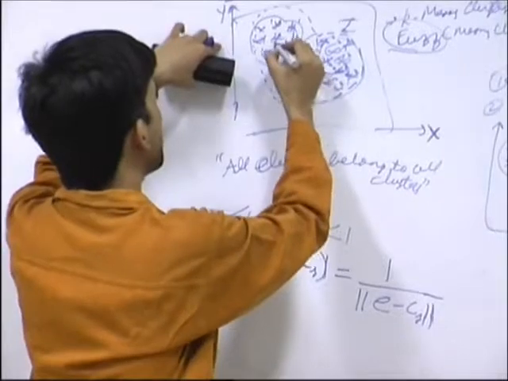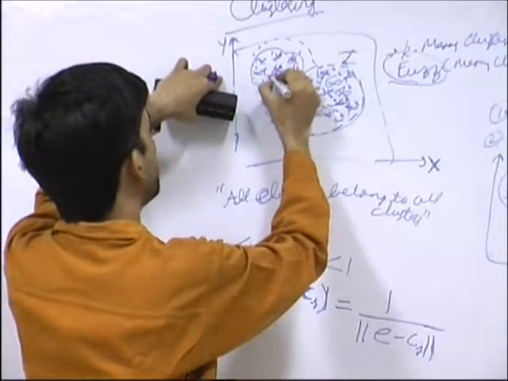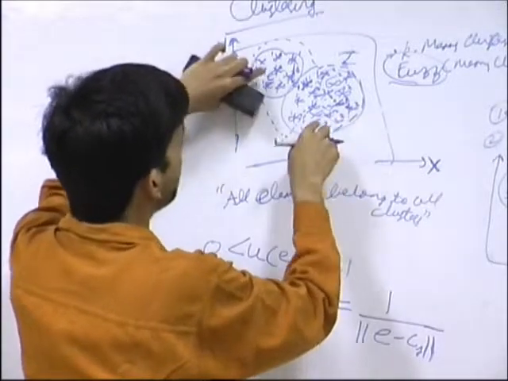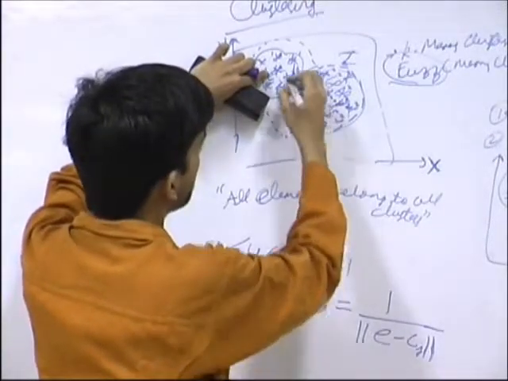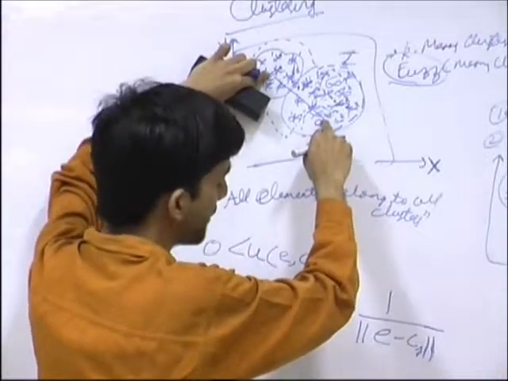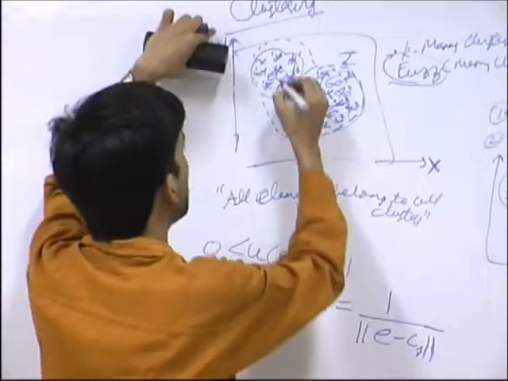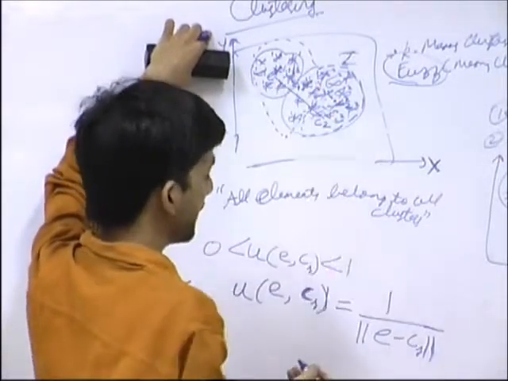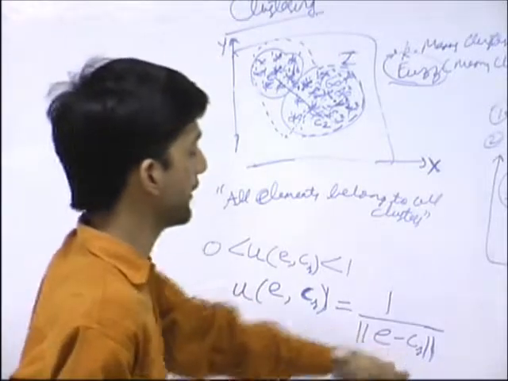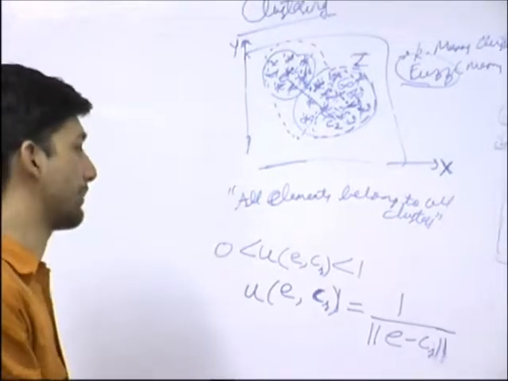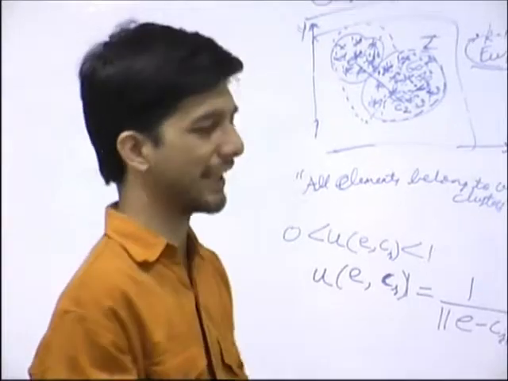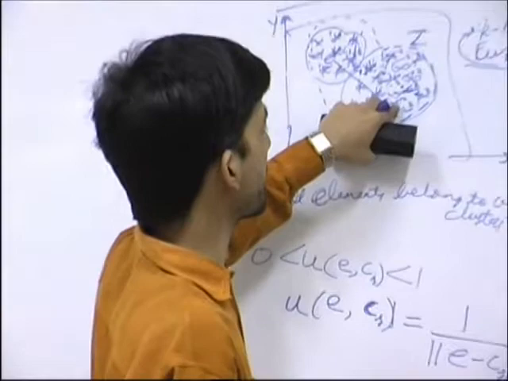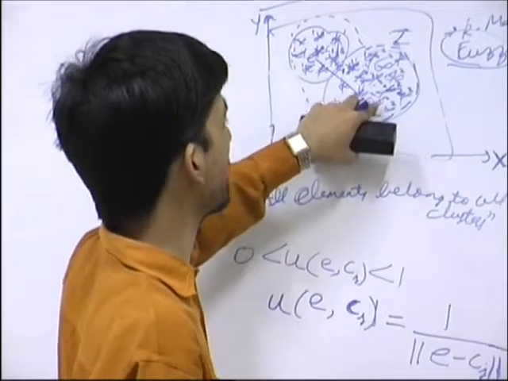So in the same example, if this was an element E and this was a cluster center C2, if this distance is very large, the degree of membership is very low. At the same time, if this was a cluster center C1, if this distance is very small, the degree of membership will be very high. It is a normal relationship that I've applied, and that makes sense. So this should have a very large value, this should have a very low value.